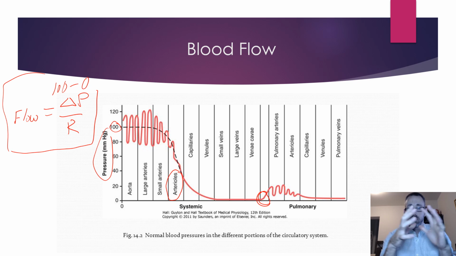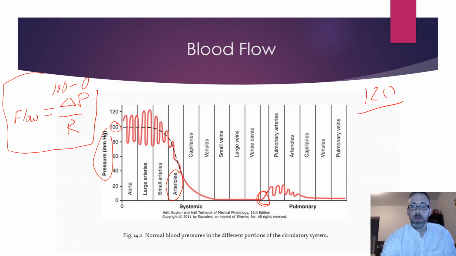And so during the stretching period, that's when we feel the arteries are pulsing upward. That's about 120 millimeters of mercury. The low number, 80, is when the vessels are actually recoiling. And this is because these arteries have a lot of elastin, which allows them to stretch and recoil. And this is an important feature of the arteries because they're under high pressure.